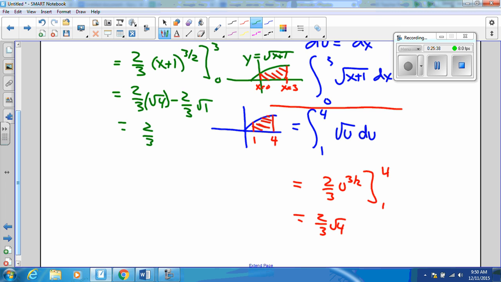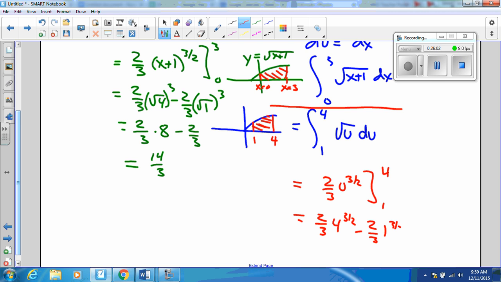Dang, twice in a row. Cubed, cubed, this is wrong. This guy should be 2/3 of 8 minus 2/3 of 1, which should be 14/3. And this guy also should be 4 to the 3/2 minus 2/3 of 1 to the 3/2, which is 14/3 as well.